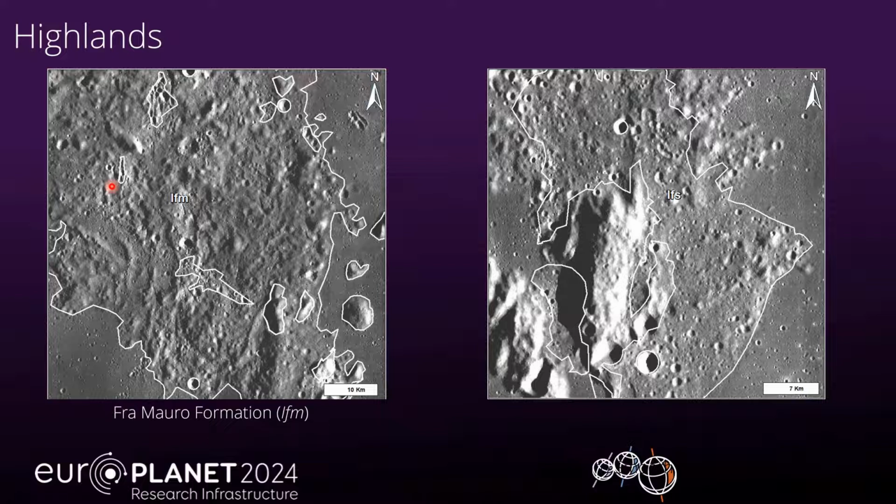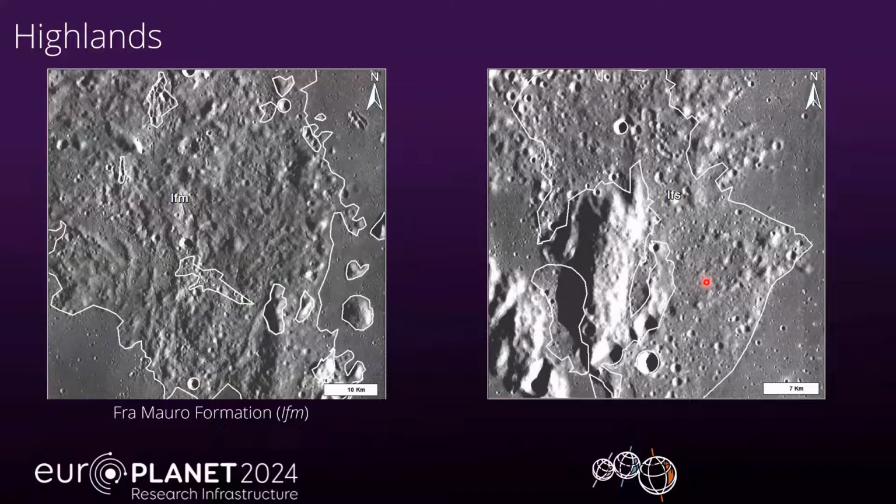Then there's a slightly, I think this is IFS, which is slightly smoother, but also a highland unit. And you can see that it contrasts in morphology to the Mare basalt that's adjacent to it. Flat, smooth, and dark.